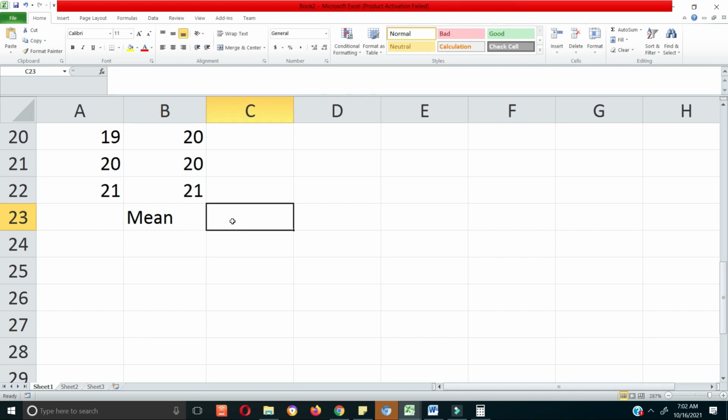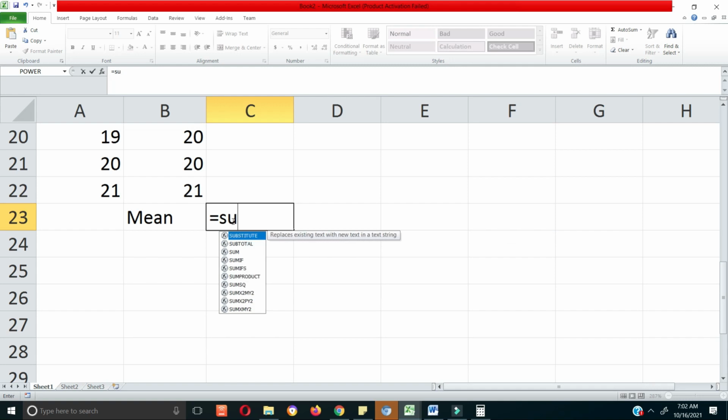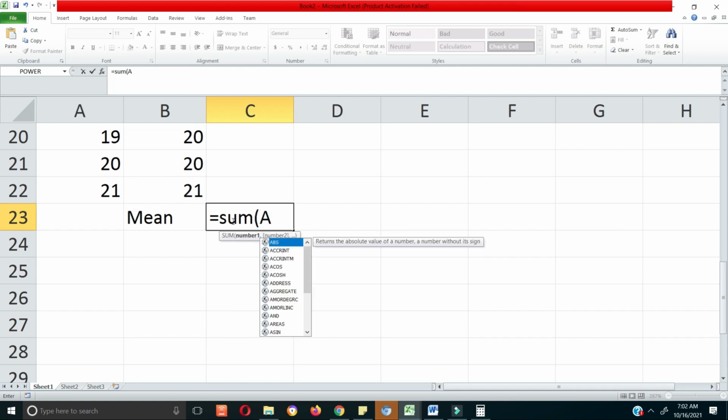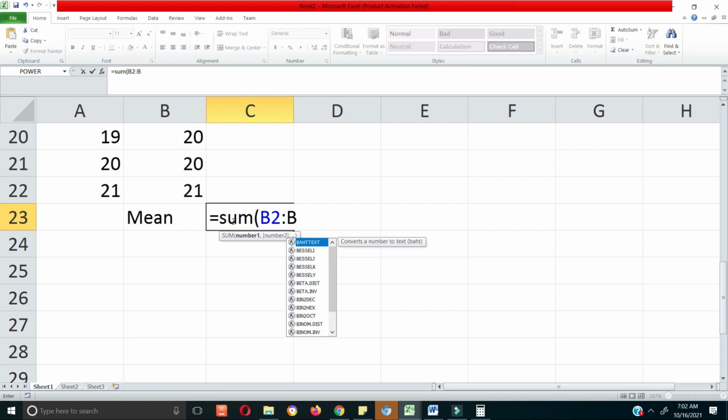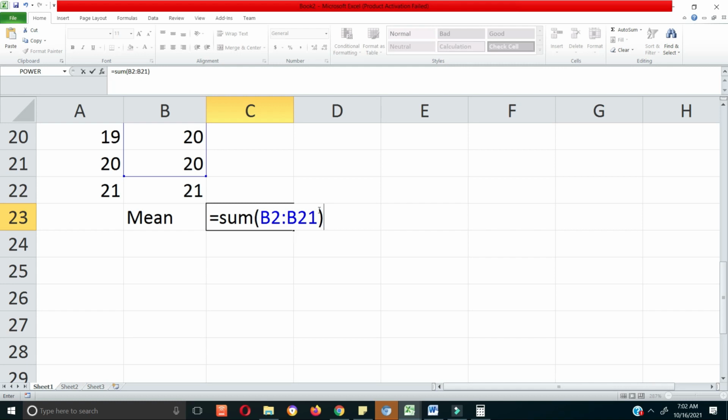In this case, our mean is going to be the summation from B2 to B21 over the count. Column A is actually the indexes. So I'm writing in the actual formula.